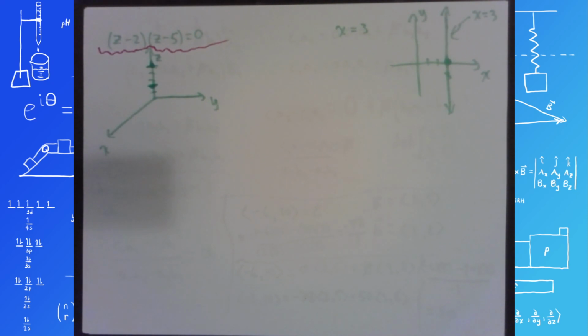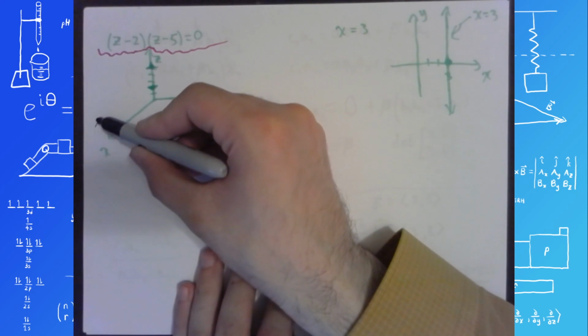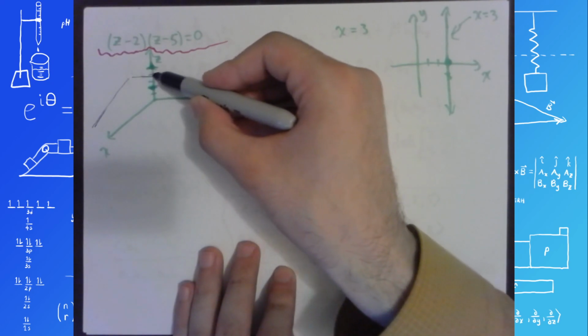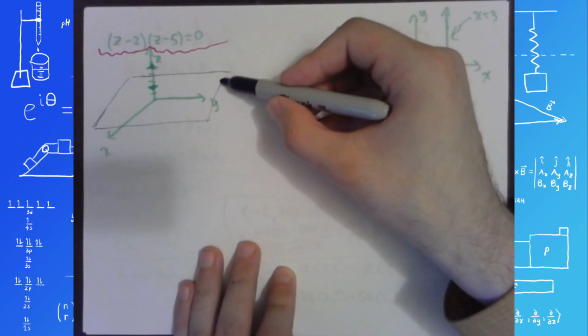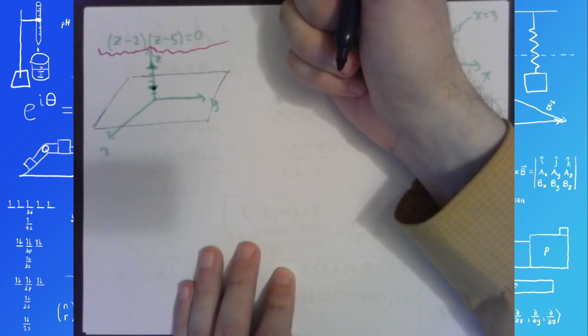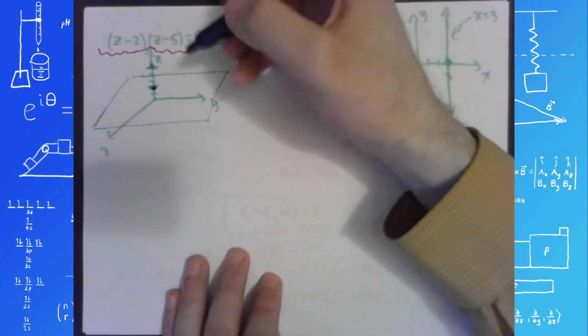That means you have complete free reign in x and y. X and y can be anything as long as z is 2 or 5. Those are planes. Those are entire planes, which I'm not sure I'm going to be able to draw really well, but I'll try. So let that be a plane that cuts through there and is parallel to the xy plane.